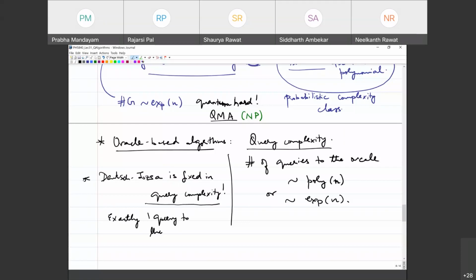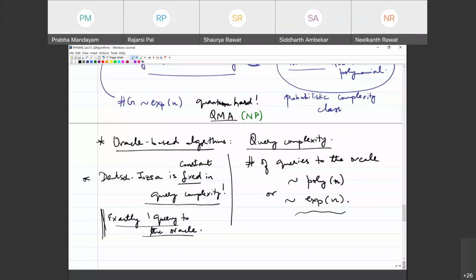So this is often called constant query complexity. So Deutsch-Jozsa does even better than poly. No matter how big you make your input size, the number of queries you need is exactly one. Whereas classically, of course, we'll argue that the queries actually grow exponentially in n.